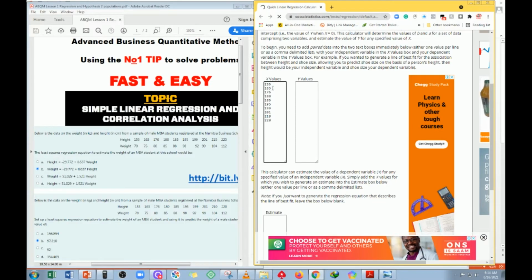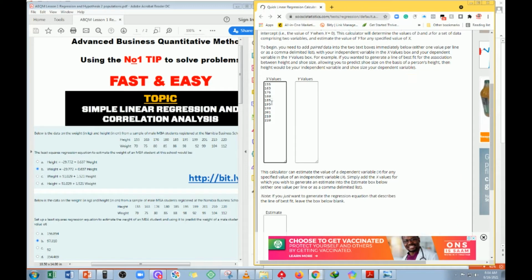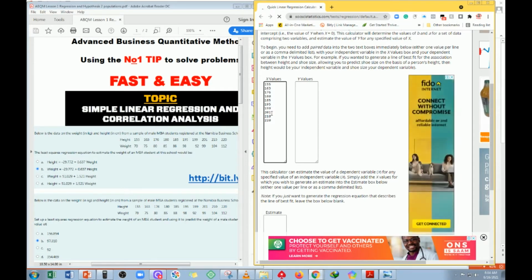So just make sure all of the numbers are there: 155, 163, 176, 180, 185, 195, 199, 201, 210 and 220. Then we come and put the y values: 70, 75.